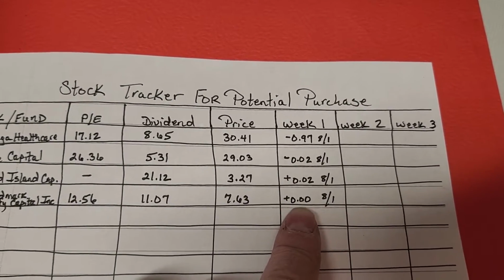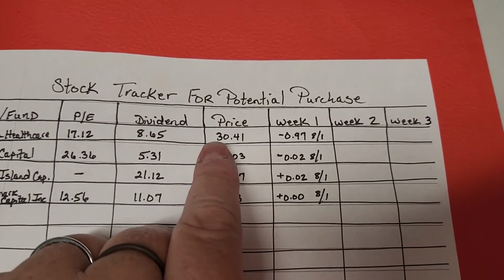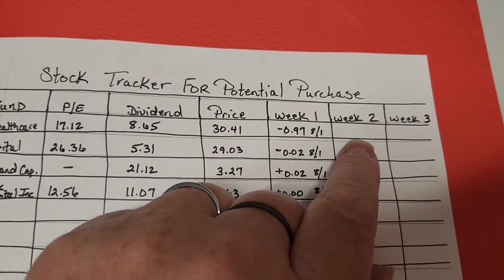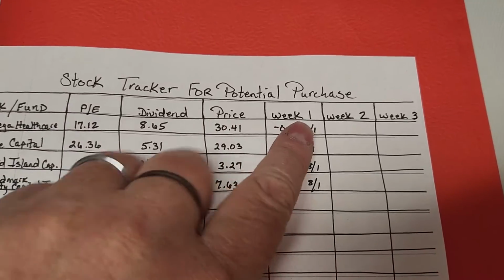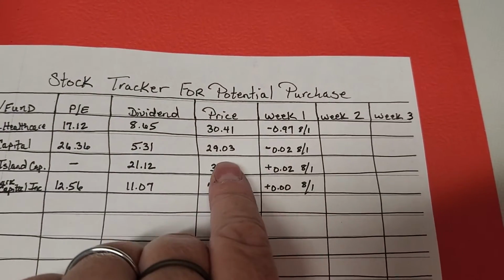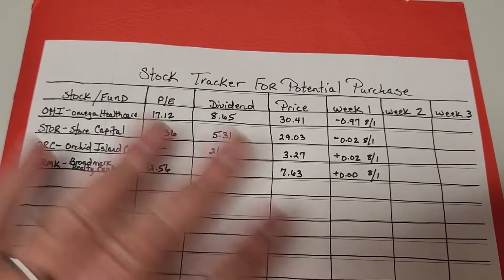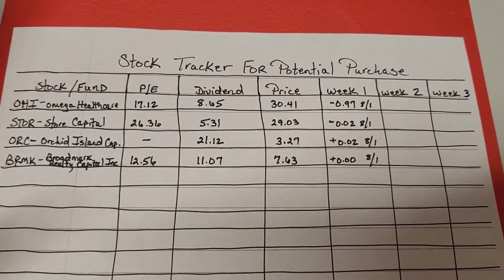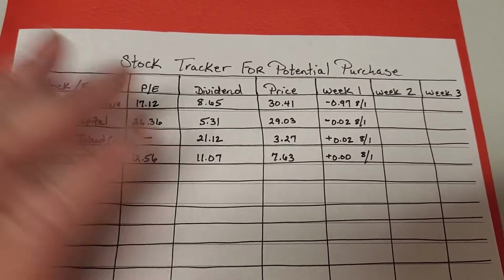Sometimes I'll write the price and then put a slash and how it's performing per week too. So if the price goes down, then we know that this stock is not performing very well. That's kind of how I track my potential purchases.